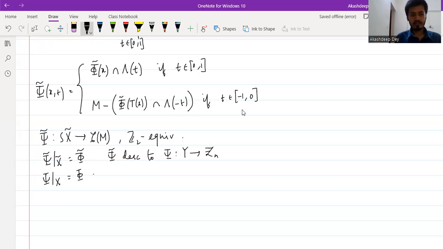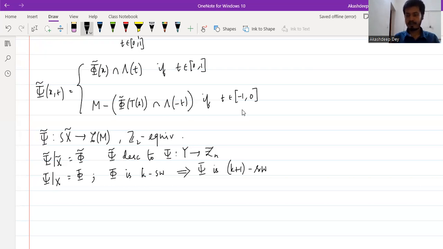Moreover, we also recall that phi from x to Zn is a k sweepout. These two facts, that psi restricted to x is phi and phi is a k sweepout, imply that psi from Y to Zn is a k plus 1 sweepout. We'll need this fact later.